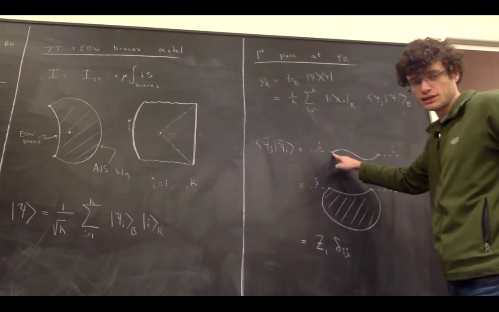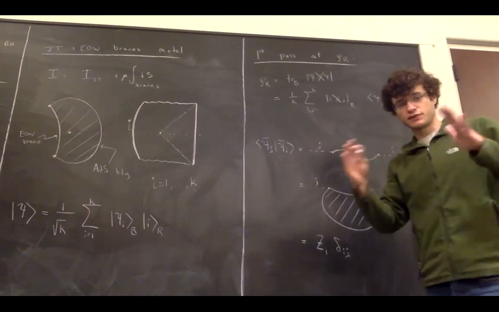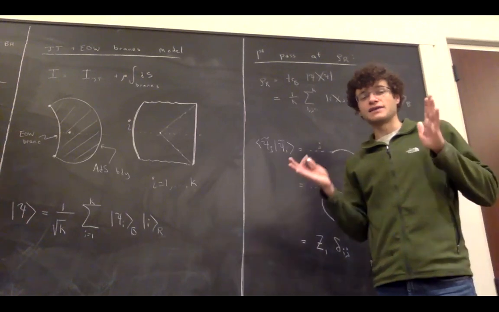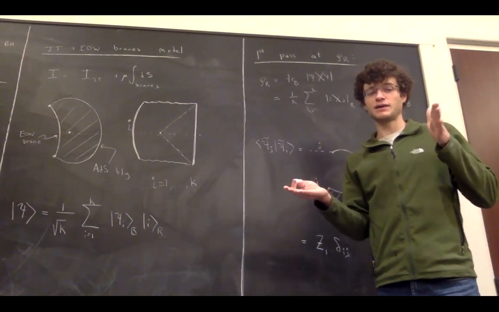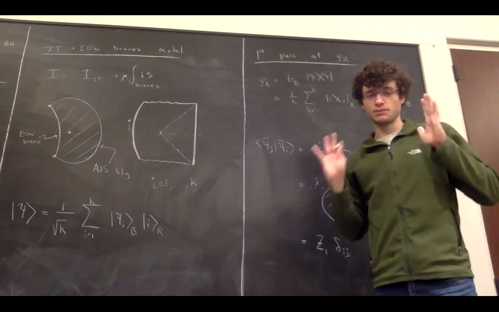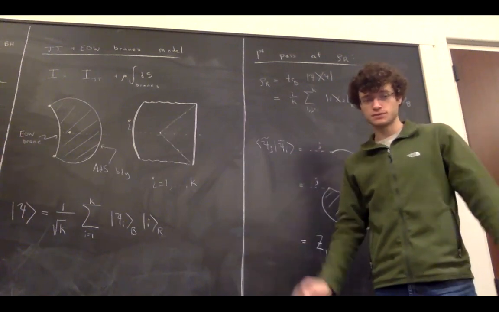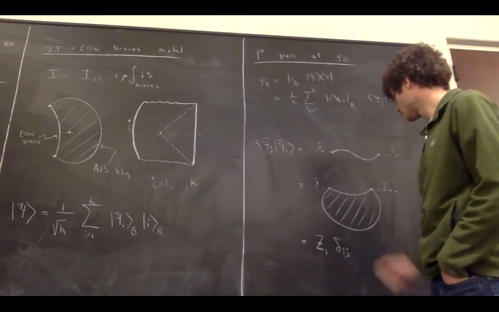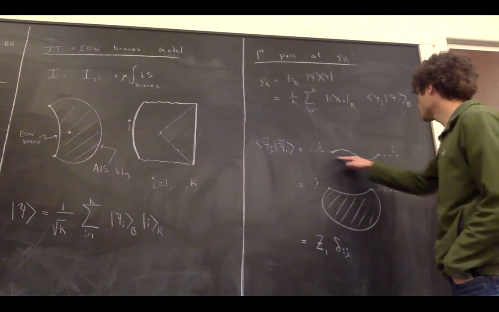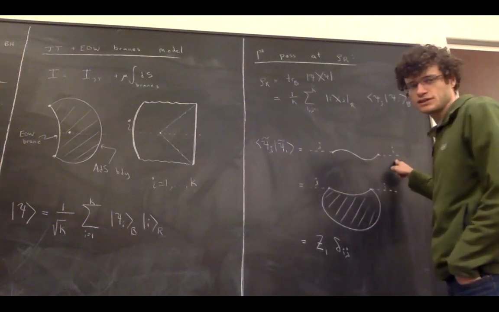So we'll have some Euclidean computation where we have a segment of asymptotically AdS boundary, and the two end-of-the-world branes will intersect it. One has type I, one has type J. Those are a complete specification of the boundary conditions to compute this quantity.